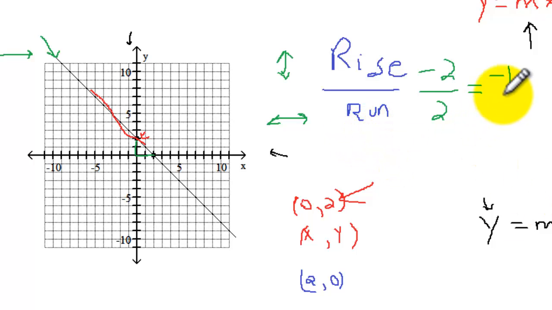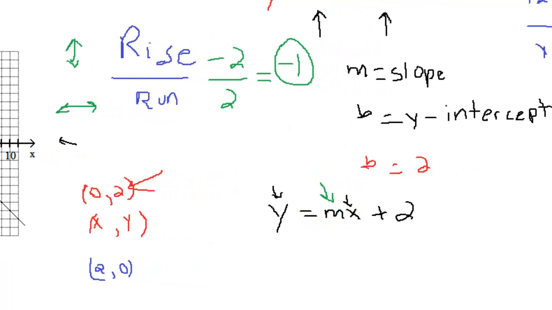All right, so what we now have is an m value right there. So we can write our equation once again, y equals, now we plug in our negative 1, x plus 2. And that gives us a linear equation. We don't need to fill in x and y values.